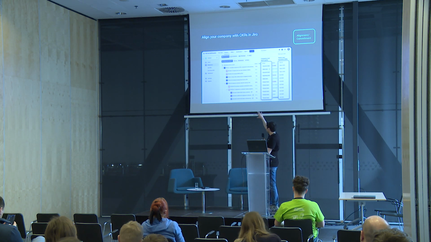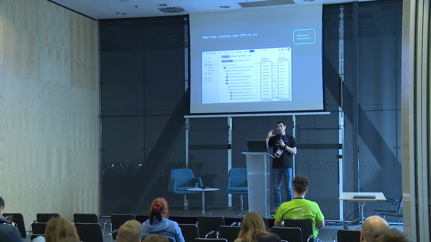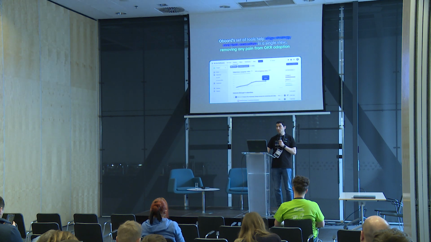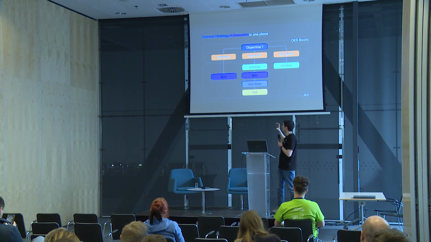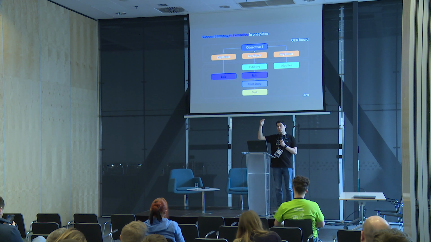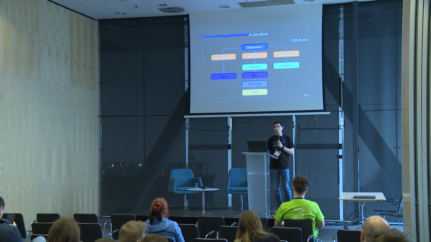And at the bottom of the screen, you can see that we can associate different Jira issues with our goals. So we are building this association between the goal we would like to achieve and the initiatives we decided to do aiming to achieve this goal.